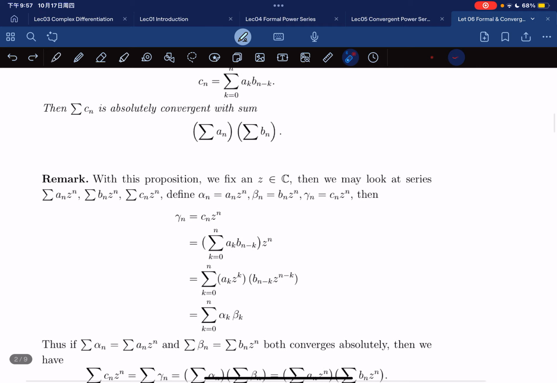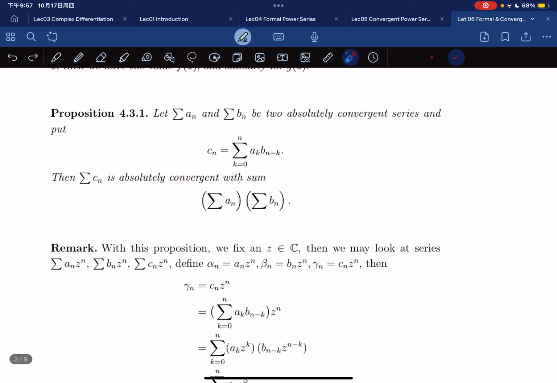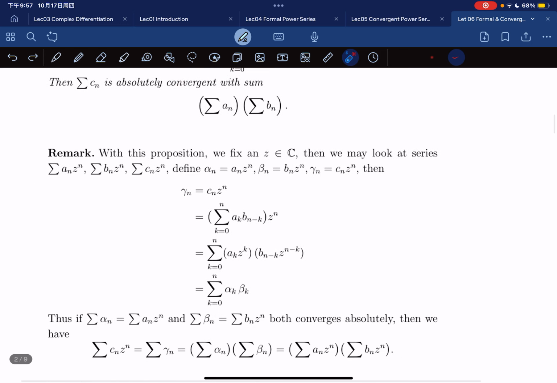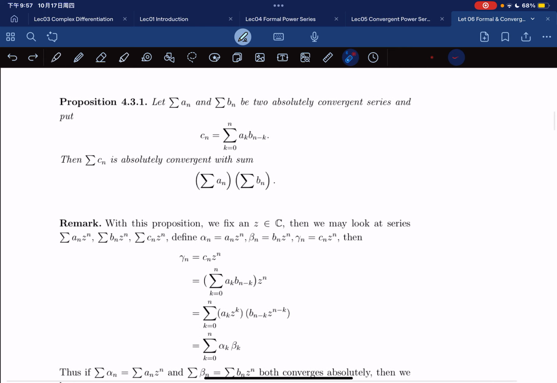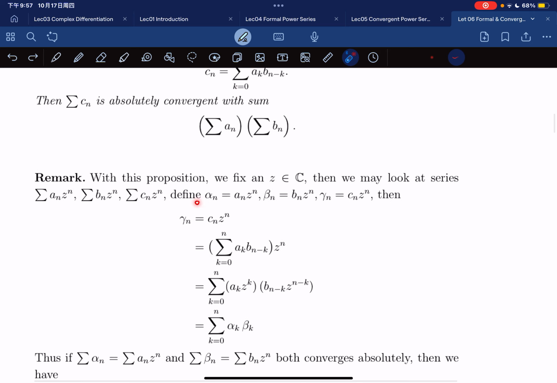Remark: with this proposition, we're going to use it with power series. We fix z, and we look at the series a_n z^n, b_n z^n, c_n z^n, with c_n equal to this. We can define alpha_n as a_n z^n, beta_n, and gamma_n. Then gamma_n will be equal to this, and each c_n we substitute with this.